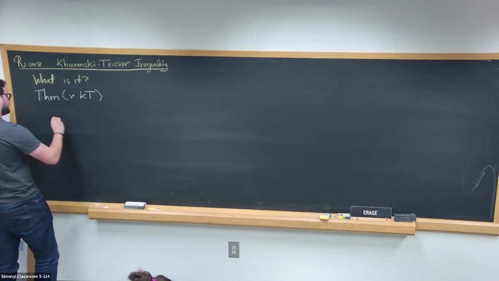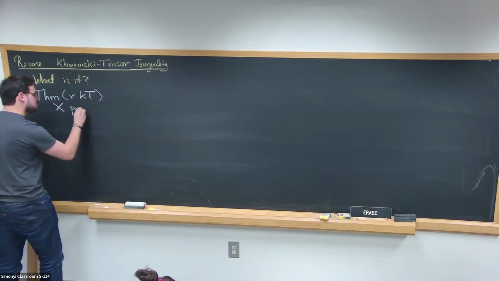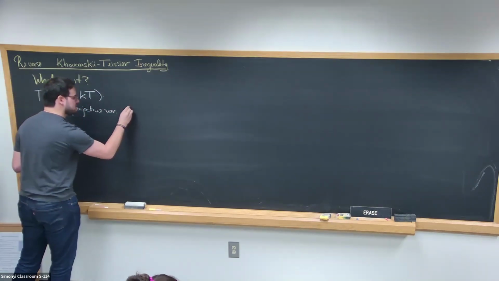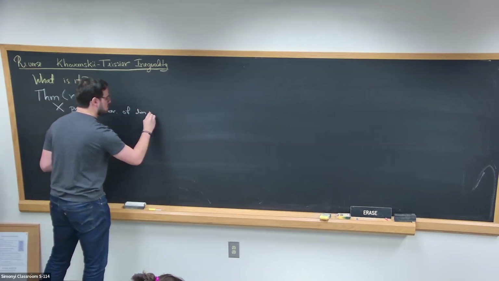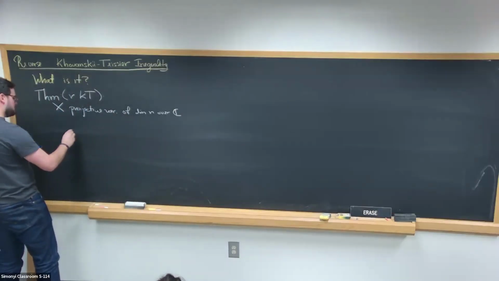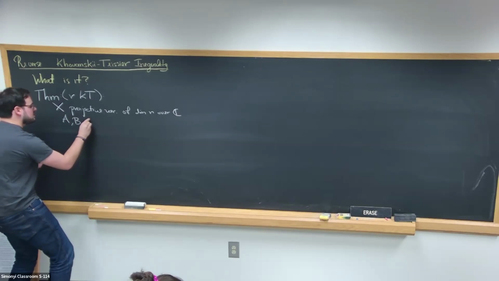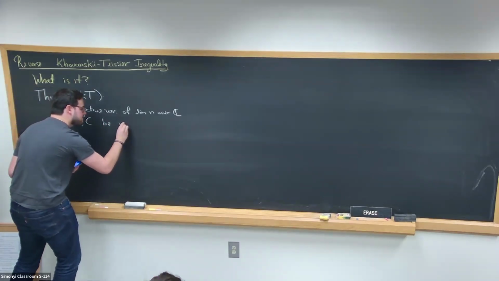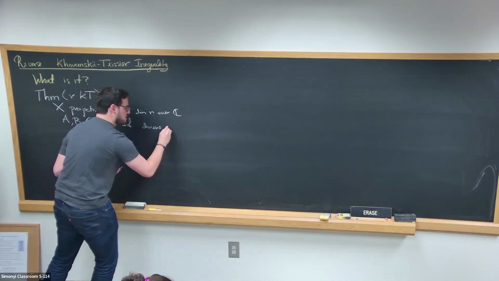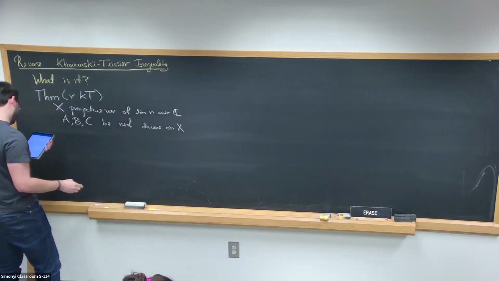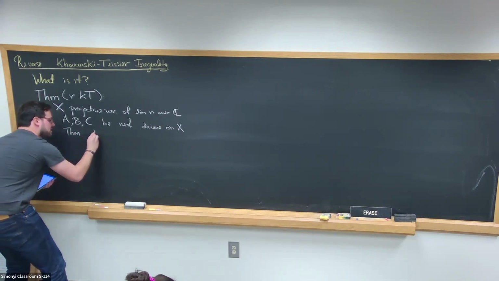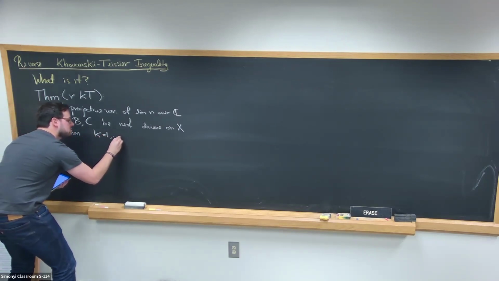If I let X be a projective variety of dimension n over C, and I let A, B, C be nef Cartier divisors on X, then the following inequality holds for any k from 1 to n minus 1.